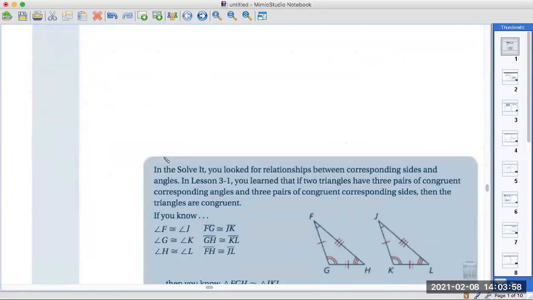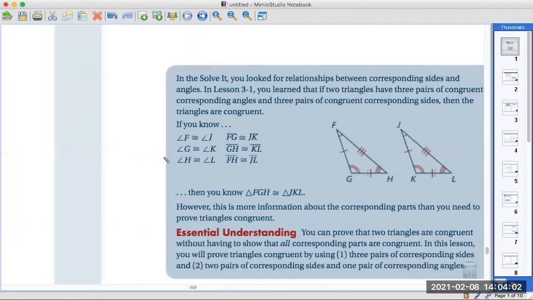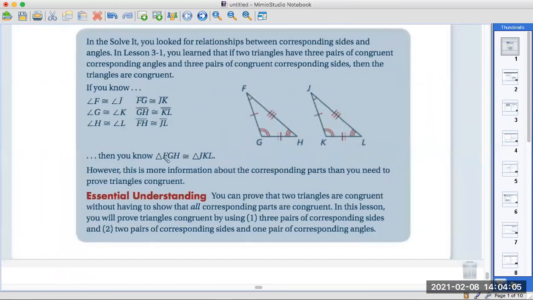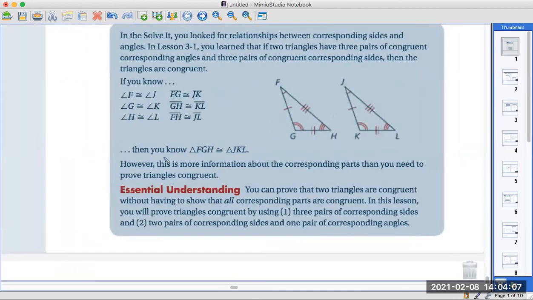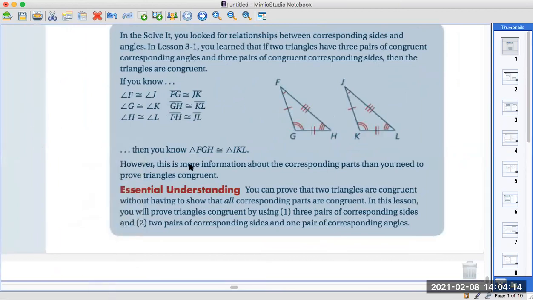So here it is. By the way, we're on page 129. And on the bottom, these boxes are always super important that you look at those. So I'm going to read this one for you. Essential understanding. You can prove that two triangles are congruent or equal without having to show that all the corresponding parts are congruent.